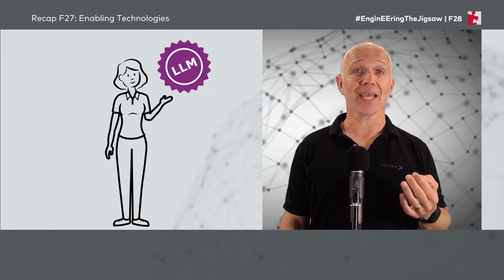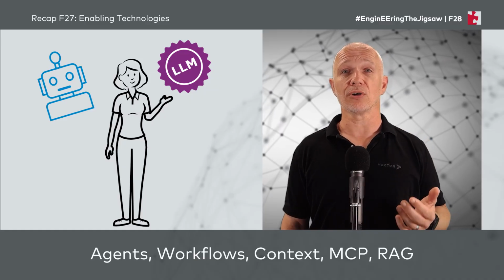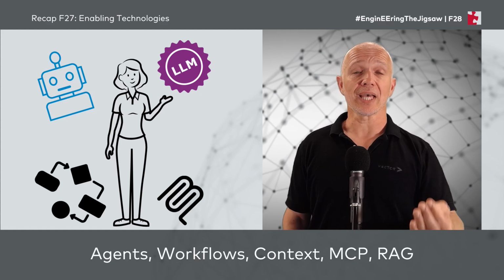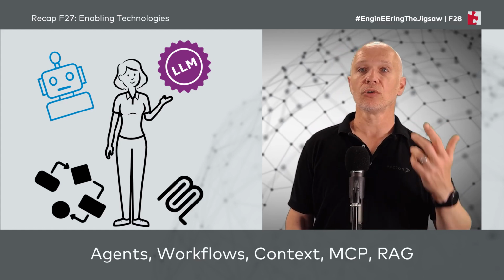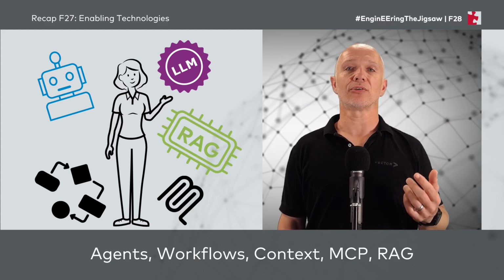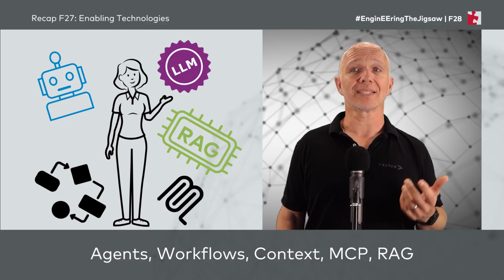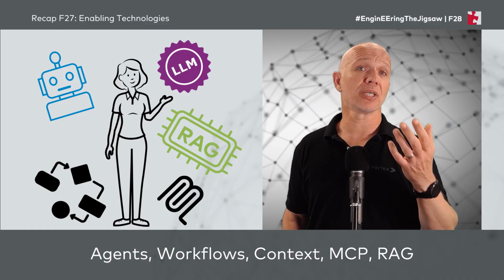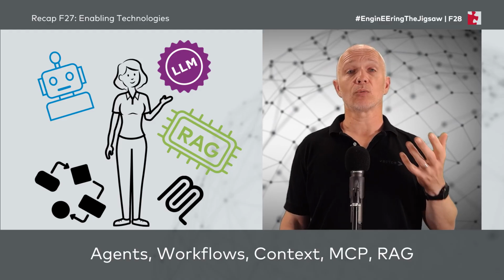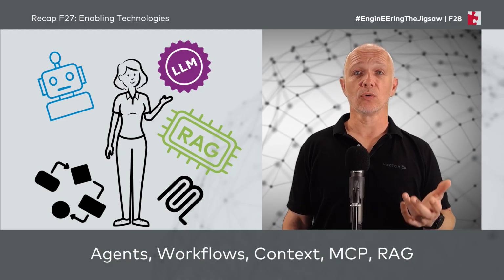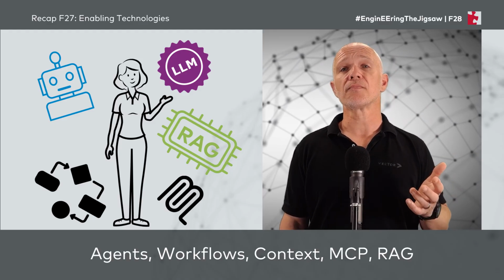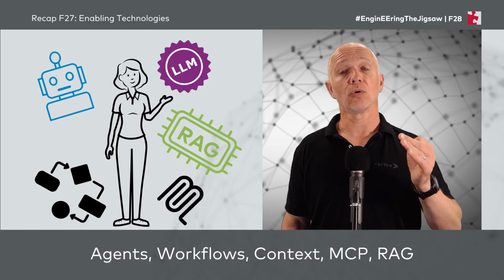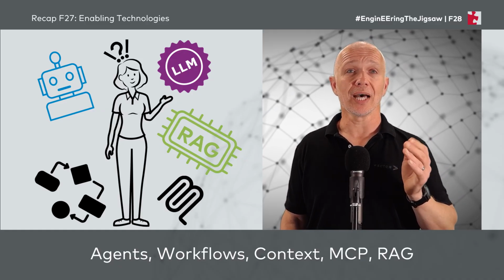Terms such as agents and workflows and agentic workflows, context, model context protocol, retrieval augmented generation. And these all relate to how you might use an LLM beyond a single chat prompt. And while that's great to know, what do we do next? Well, let's move on to how we should use an LLM.